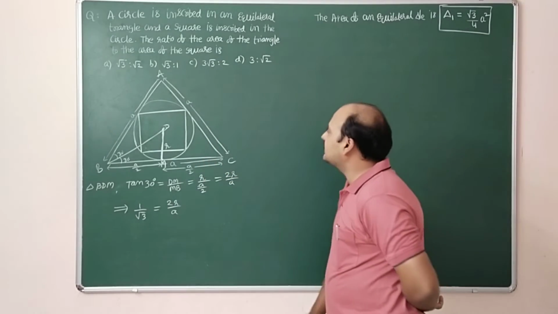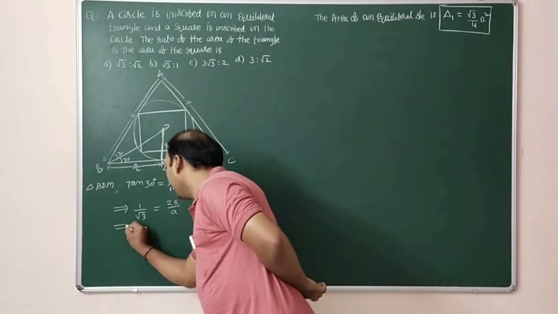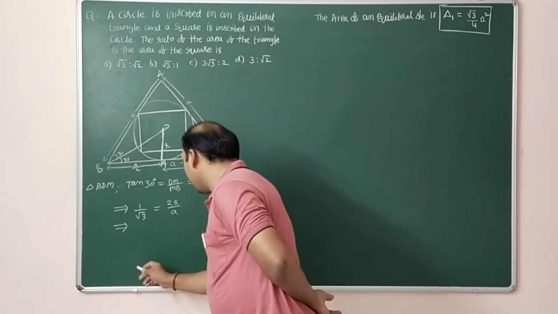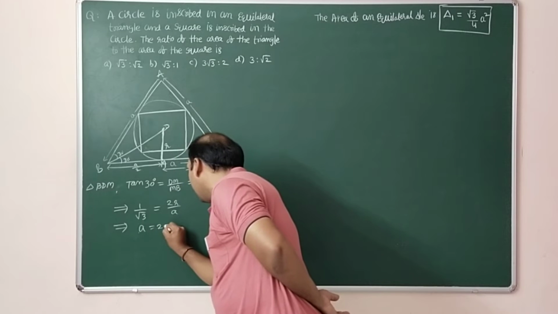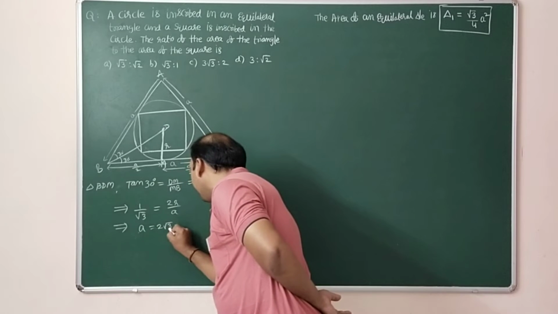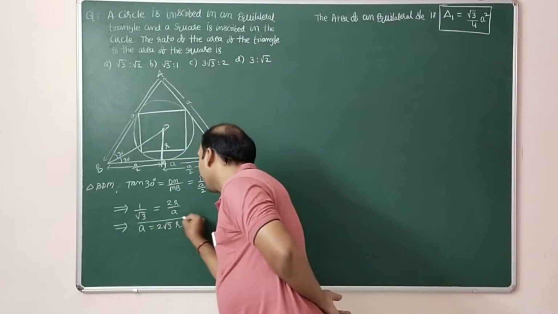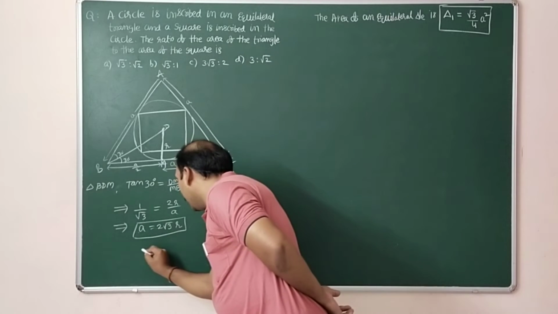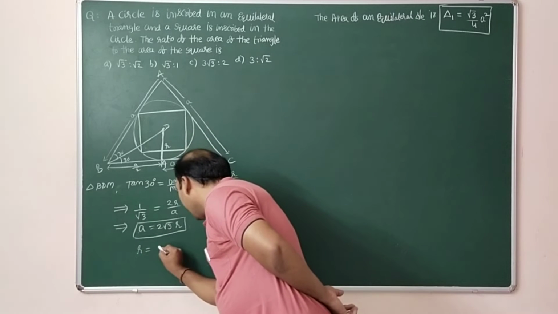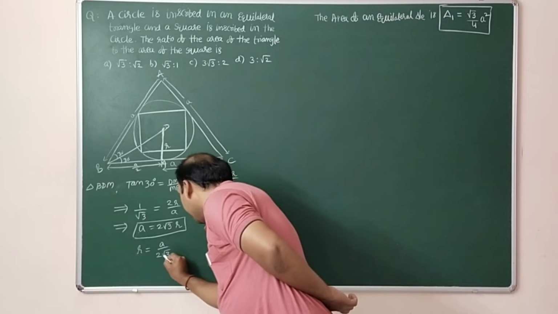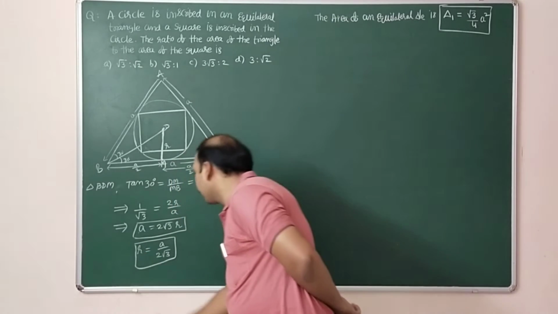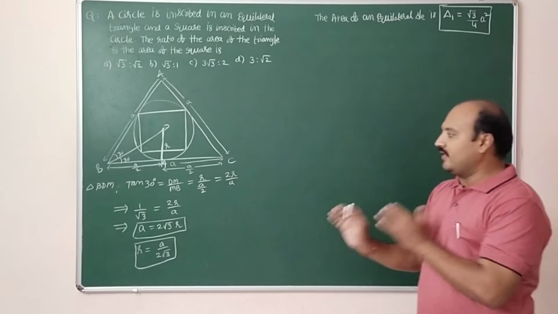So from this, make A the subject. R value also make the subject. So A is equal to 2 root 3 R. From here R is equal to, R make the subject, both you can utilize, A by 2 root 3. A value we got, R value also we got.